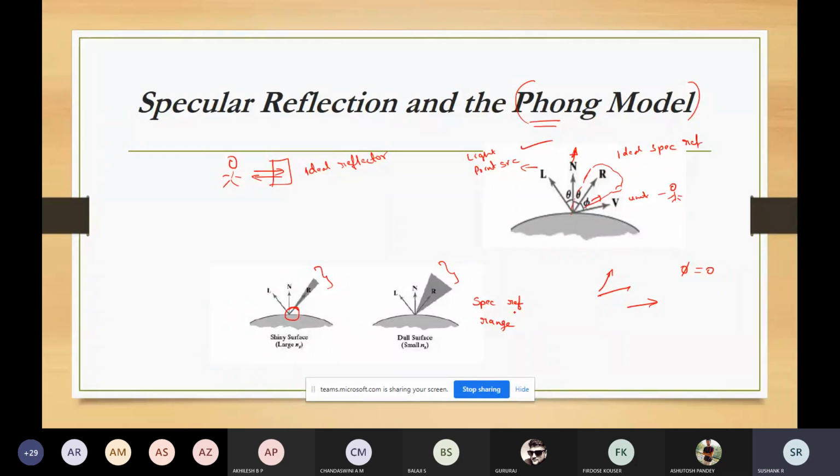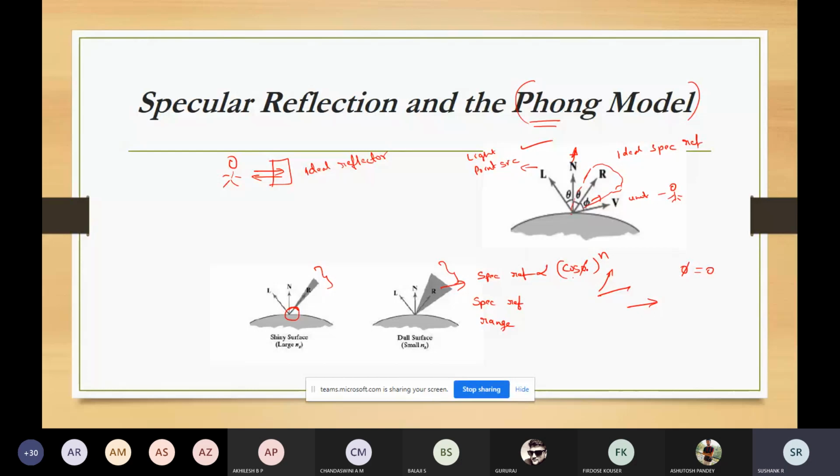So what this Phong model does is set the intensity of the specular reflection proportional to the cosine of an angle.